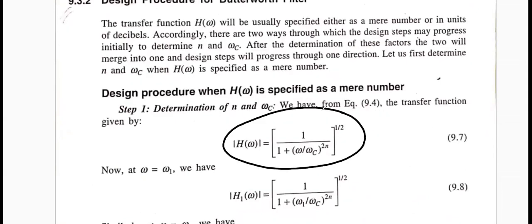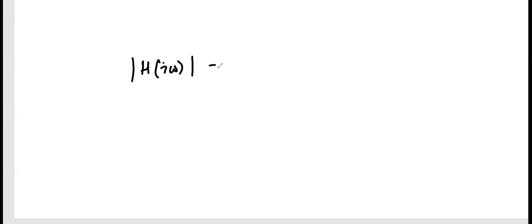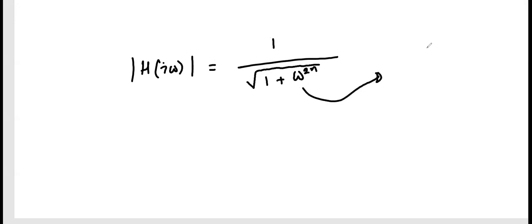You can remember this, and from there we can propose this. This is the magnitude for the nth order filter: the root over 1 plus omega to the power twice n, where omega is divided by omega c.